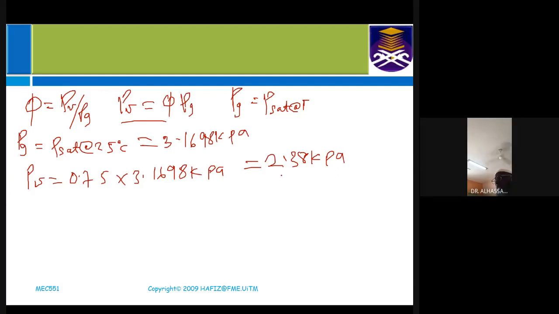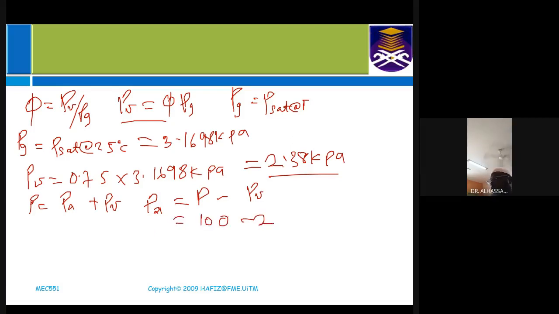So now, knowing this, we can easily calculate the partial pressure of the dry air, because we are told that total pressure P equals PA plus PV. So it means that PA equals P minus PV. So this gives me 100 minus 2.38 kilopascal.